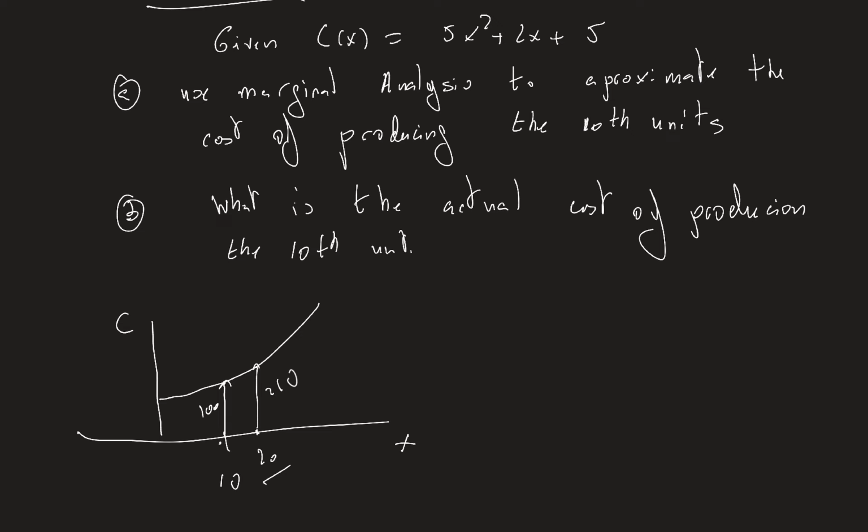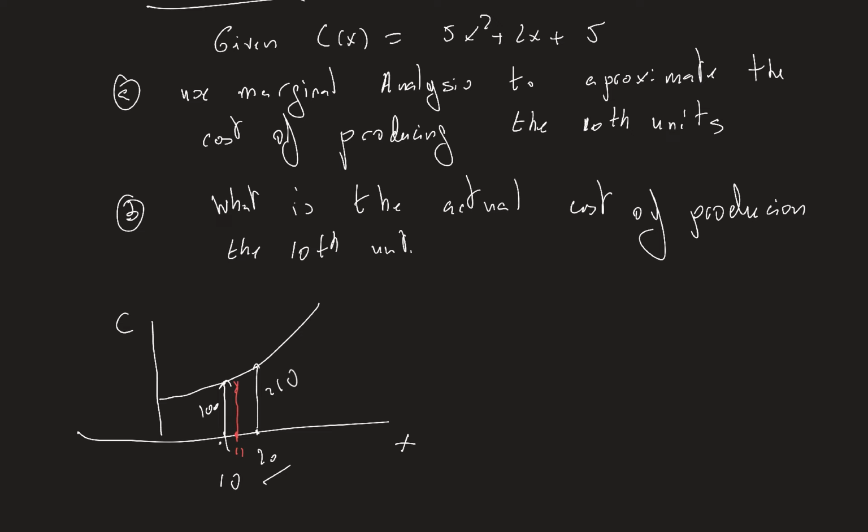So what you do is this. You imagine that there is a tangent line. What is the cost of producing the 11th unit? This is what we are asking you. What is the marginal cost to produce the 11th unit?